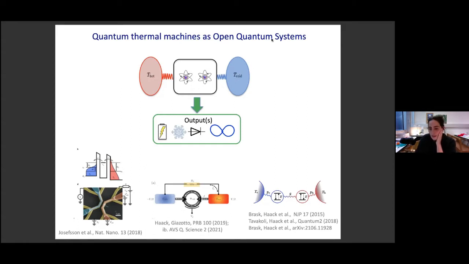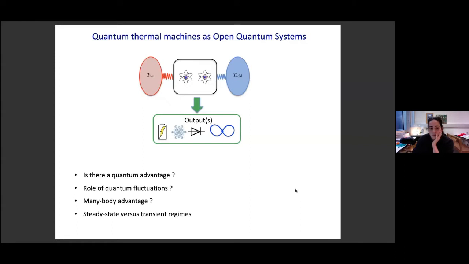And this last picture relates to a series of works we have been doing with my colleagues in Geneva, where we want to exploit thermal resources to create quantum correlations among the constituents of the quantum system. This was more the topic that I presented at the beginning of the week in the other workshop for those who also attended it. So these are just different examples. It's not at all an exhaustive list, just illustrating some current research directions.